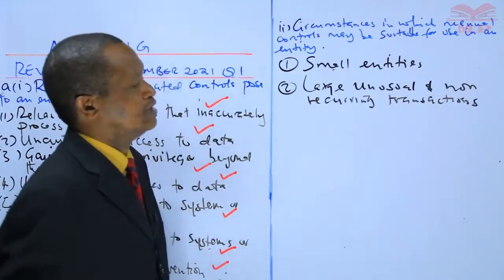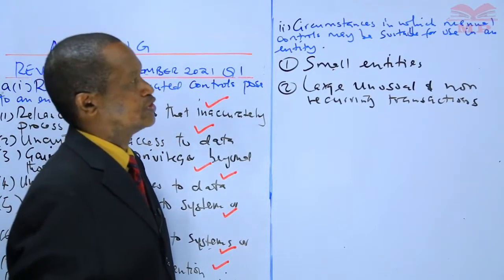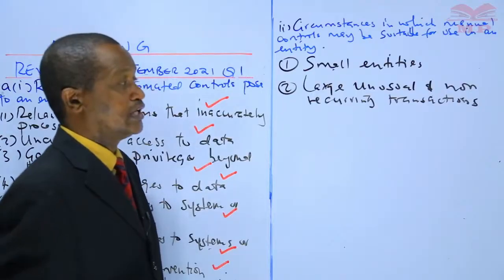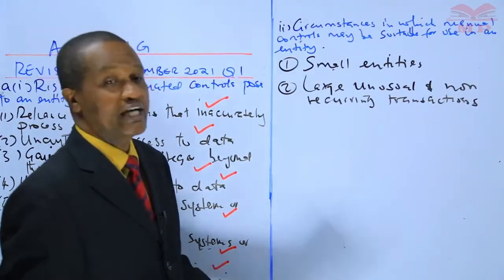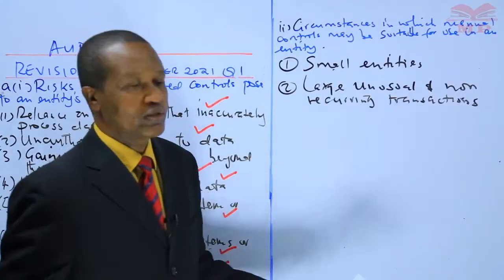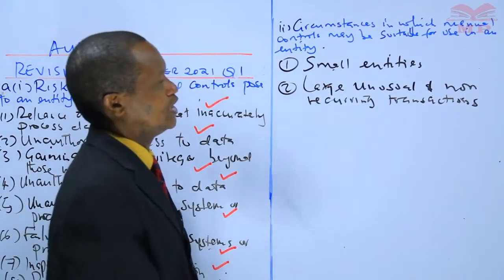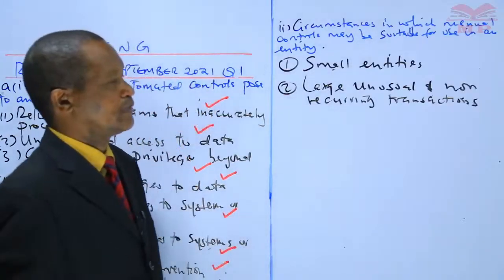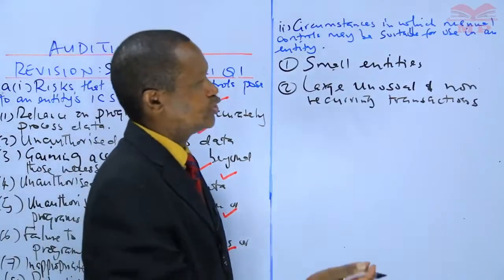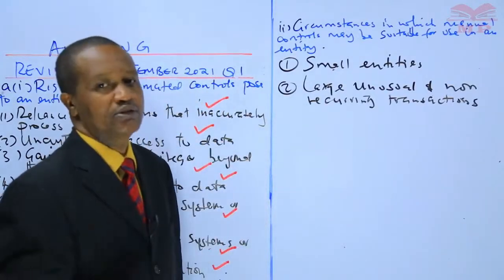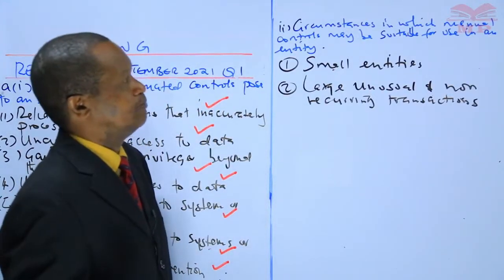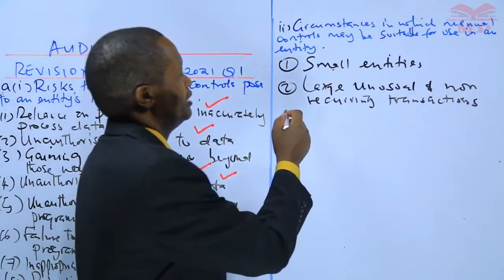Automated controls are suitable where the transactions recur continuously, routine. But when you have non-routine transactions, large, unusual, and non-recurring transactions, then that's a circumstance where manual controls can be used.